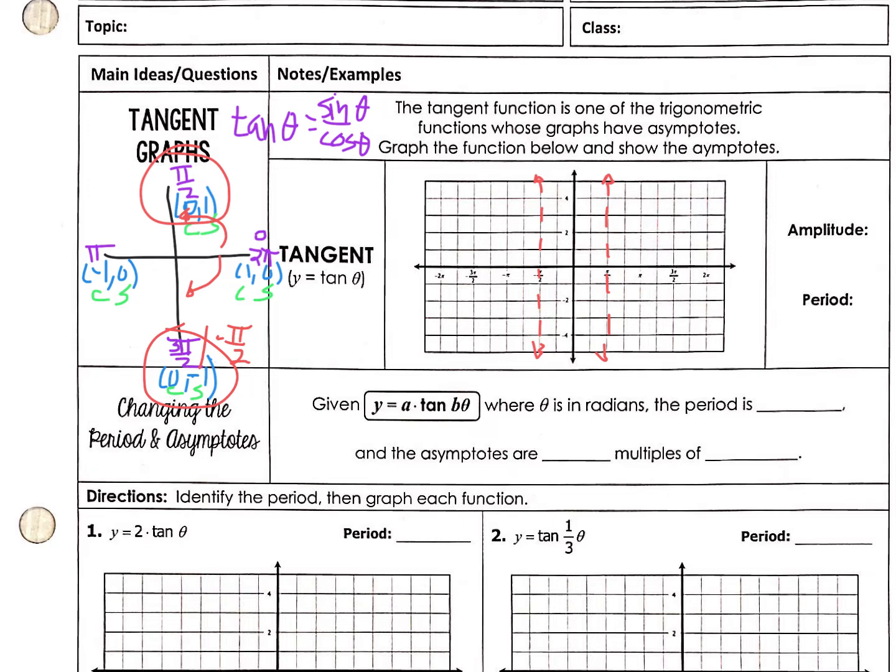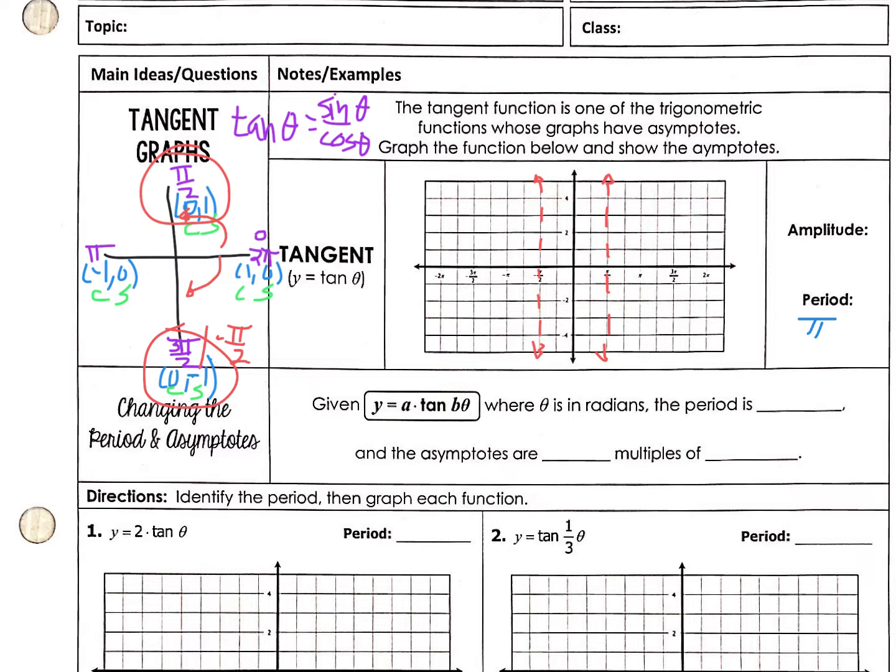So again, you can see from here to here is 1 whole pi, and from here to here is 1 whole pi. And as you look at the number line here, from negative 1/2 pi to positive 1/2 pi, that is 1 pi. So your normal period for tangent is considered a pi. So it's not 2 pi like sine and cosine was.